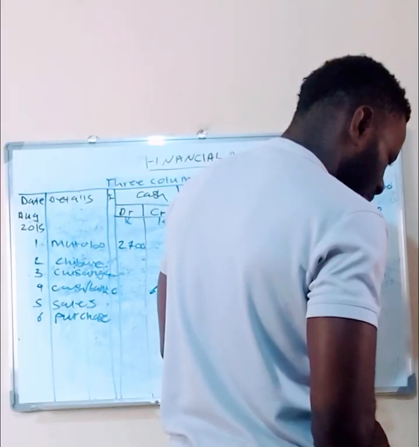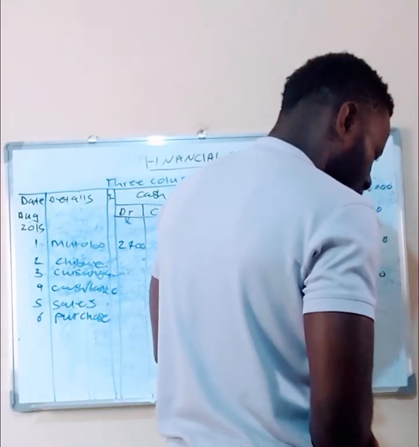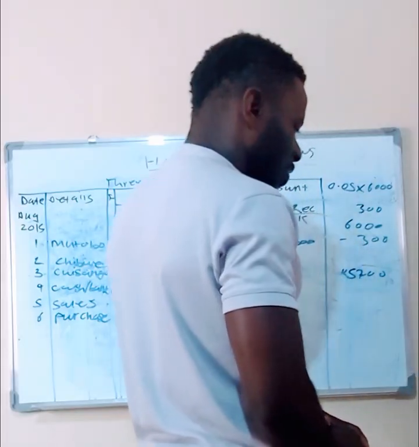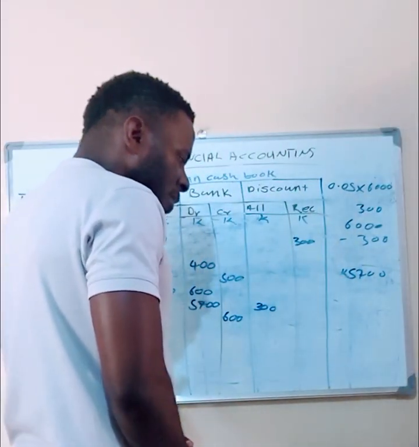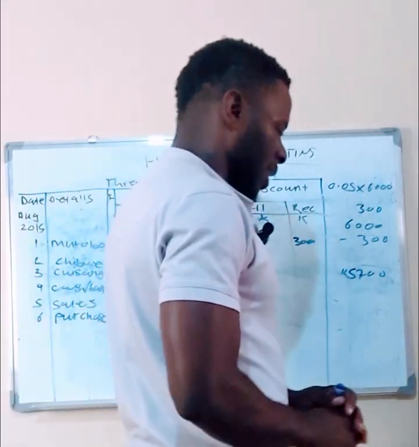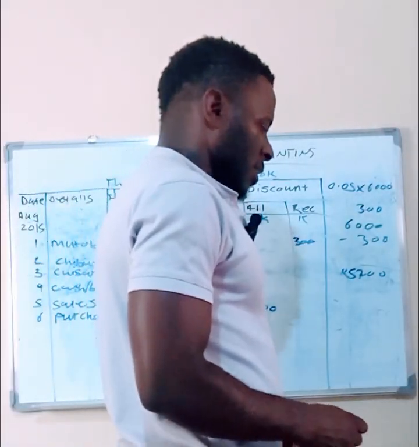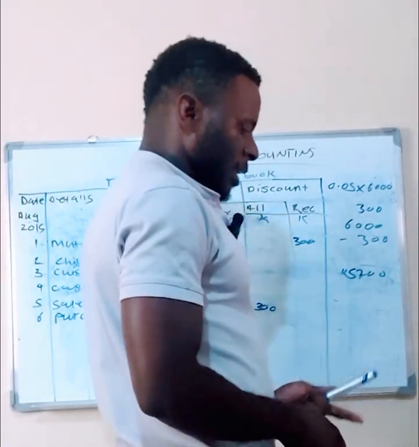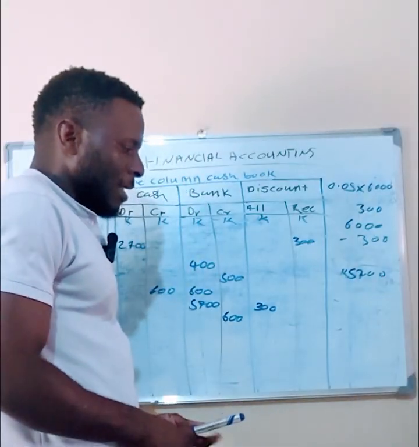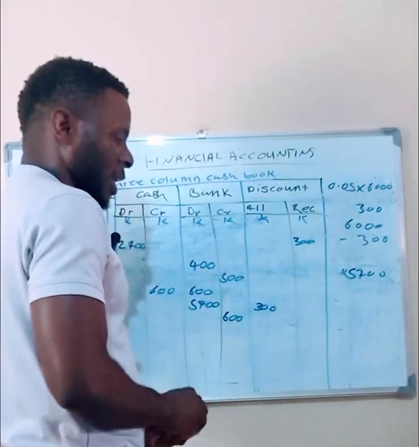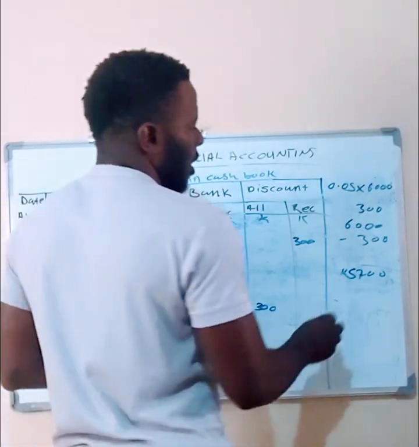Then the 7th and last transaction says paid wages in cash. Paid wages in cash, 3,000.